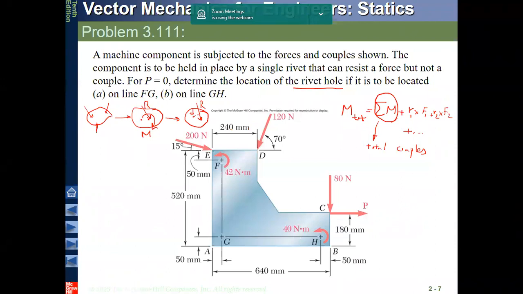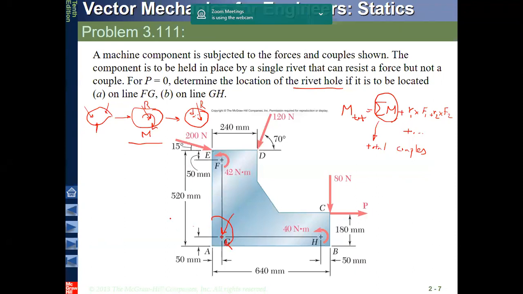So for the second system, it's better to pick the point on the intersection of these two lines. If I pick point G in the second system and calculate the resultant force and moments, I would get something like this.